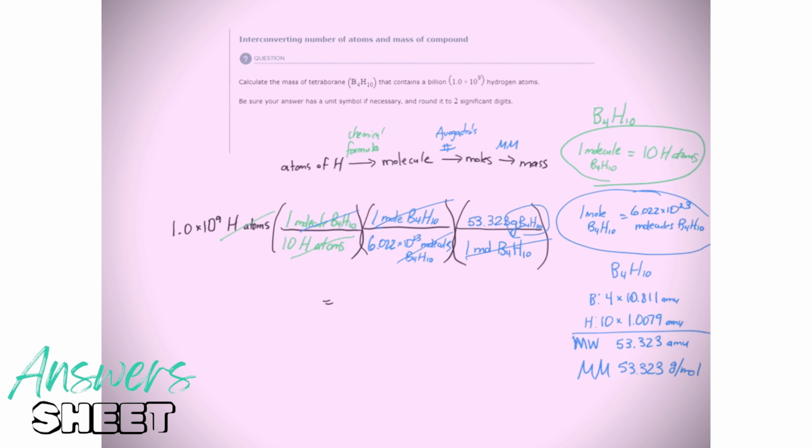I get a value of 8.8546 times 10 to the negative 15 grams of B4H10.